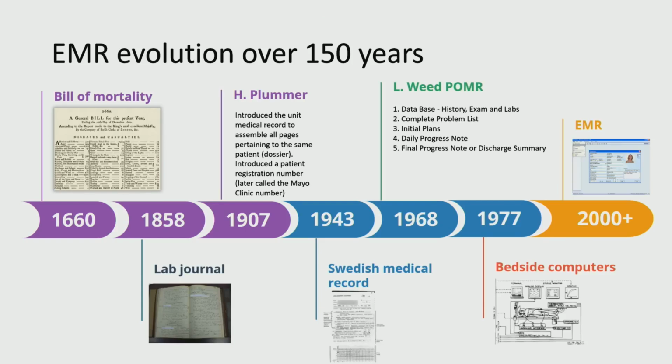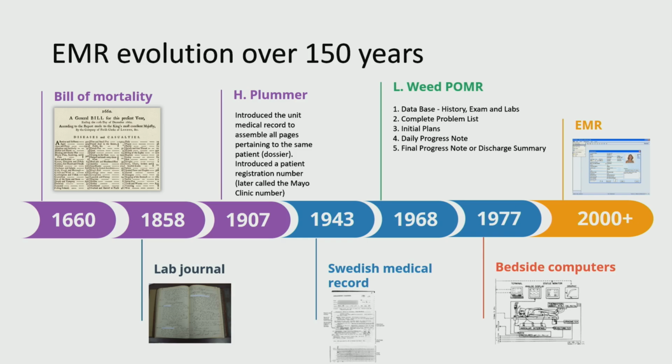If you look back in time, not much happened until recent years in electronic matters. But really, back to the 16th, 17th century, there was the bill of mortality, a record that documented the cause of death.